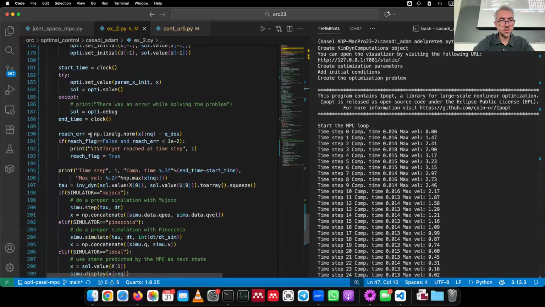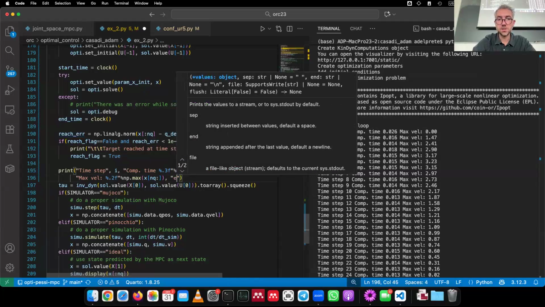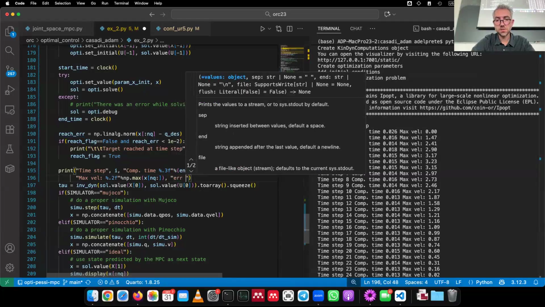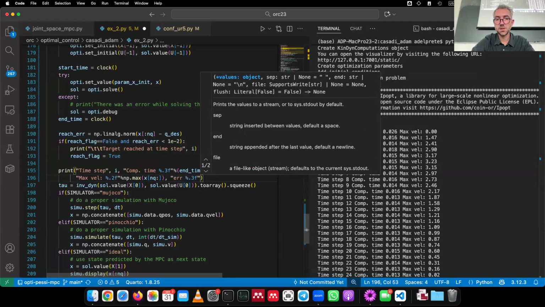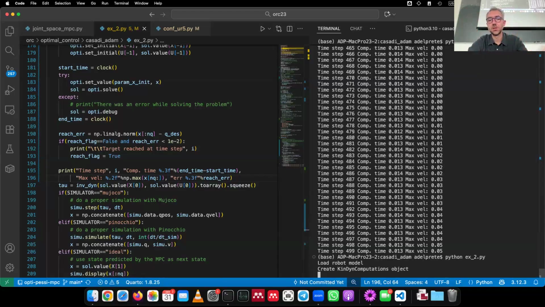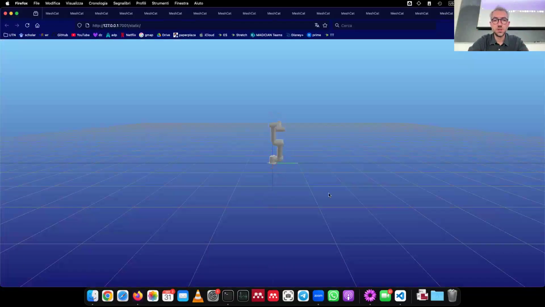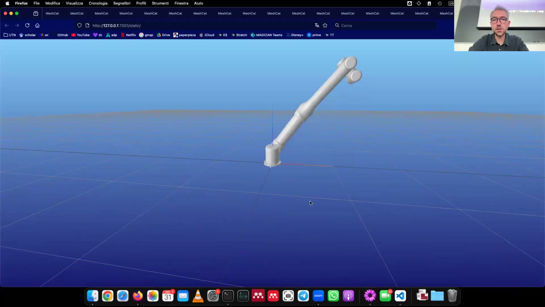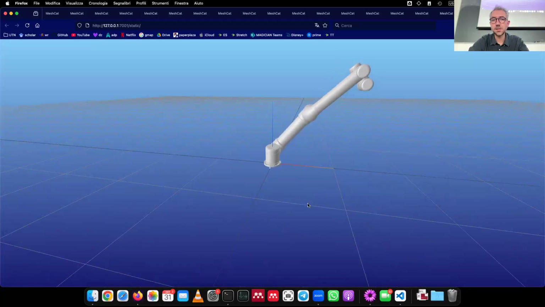So let's print this guy here. But you just changed, you increased the time more. I increased the simulation time, not the MPC horizon. The simulation was 100, now it's 500, I think. Yeah, 500. Because it looks that at the end it's getting there.